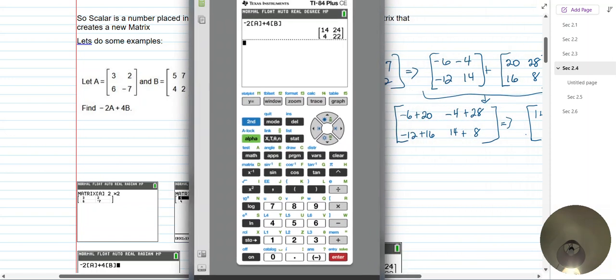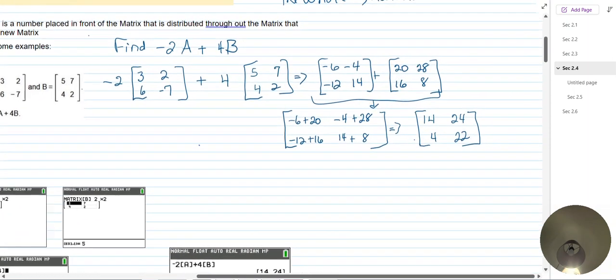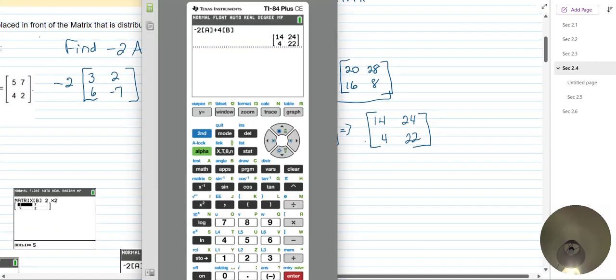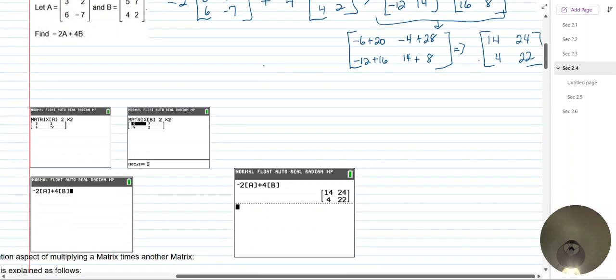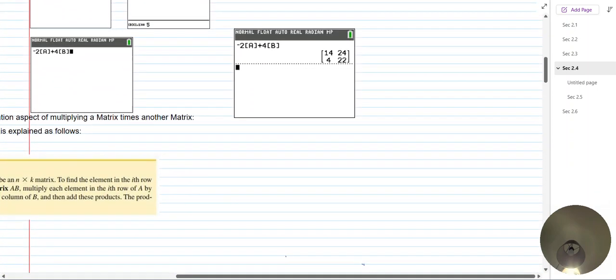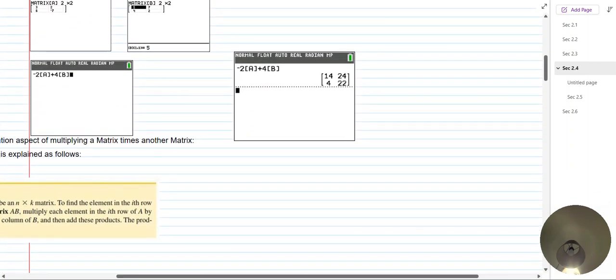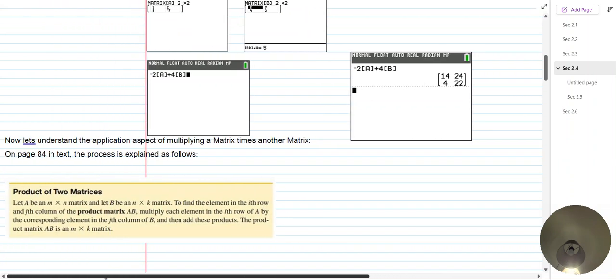I'm going to move this calculator over here. Let's see what I have. 14, 24, 4, and 22. So you can see that using the calculator is pretty beneficial, and it is small math, but you want to enjoy the fact that I have required that for this course.